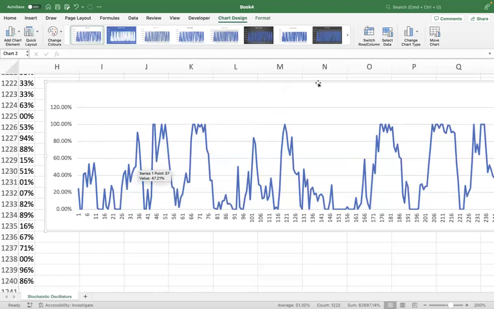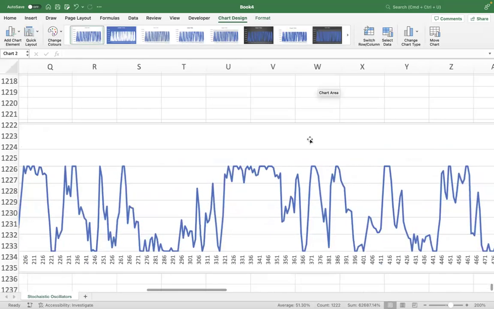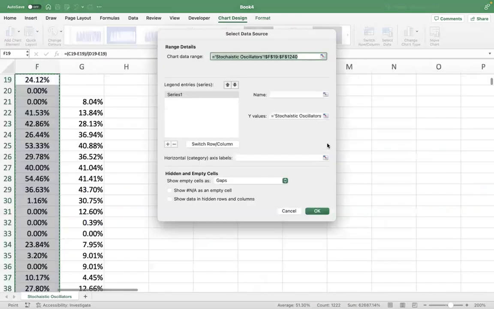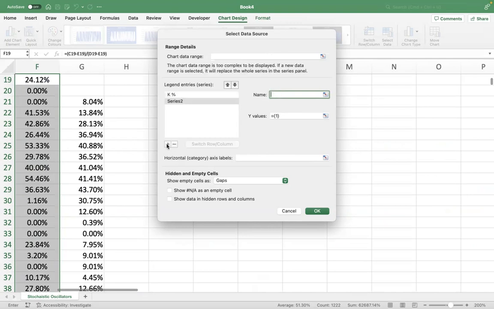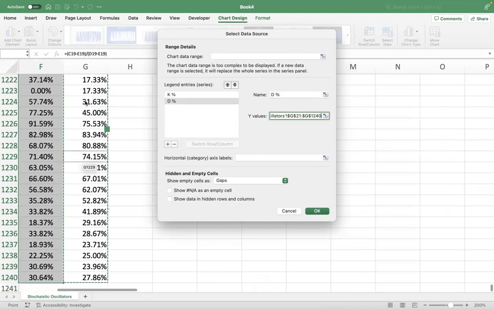Now, next step is to get the D line here. So I go to select data. The first series I will name as K percentage. I will add a new series here and call it D percentage. And the values that we take here are these values.